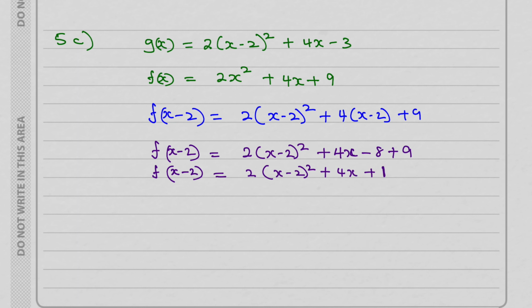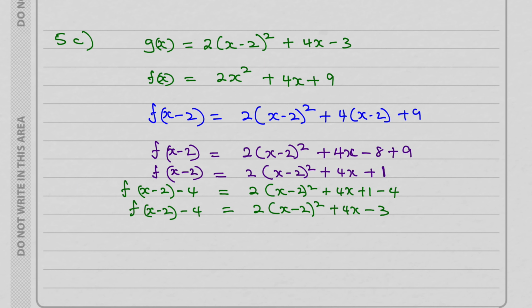If I do minus 4 here, I have to do minus 4 on the left-hand side too. So that means that now the function has been shifted to the right and then down. That's what this meant. If you set that to 0, you're going to get x equals 2. So it's been shifted to the right at x equals 2 and down by 4.